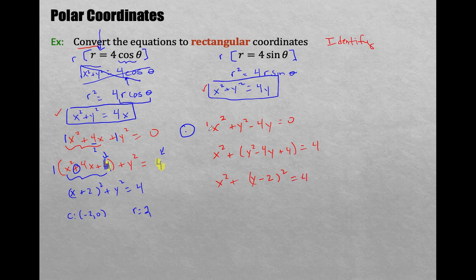You knew up here with A being equal to C, you had a circle. But now you know you have a circle with a center of 0, 2, and a radius equal to 2.